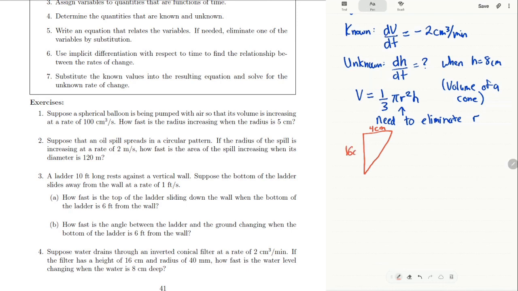And the height of this cone is 16 centimeters. Now from the water, we have another triangle, and it has a radius of r and a height of h. So now we can use similar triangles to relate the ratios together.